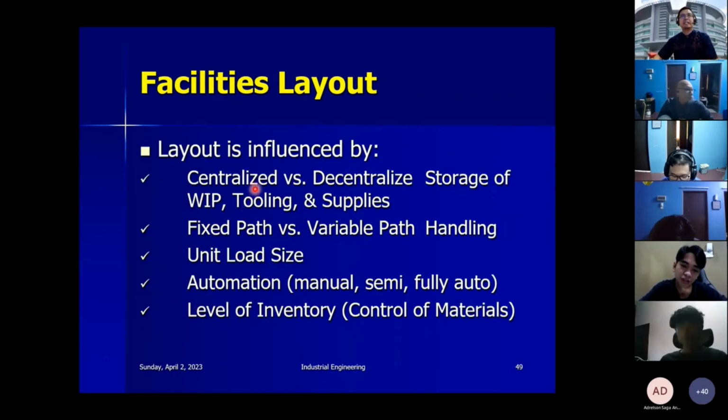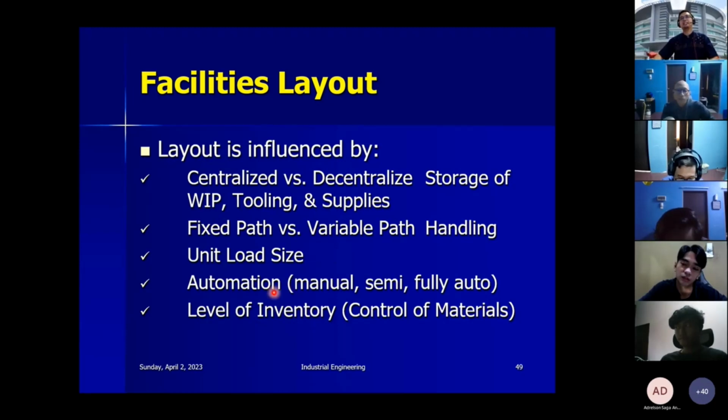Layout is influenced by centralized versus decentralized storage of WIP, tooling or supplies. Please double check again, it must be centralized versus decentralized. Number two, fixed path versus variable path handling, and we look at the unit load size.